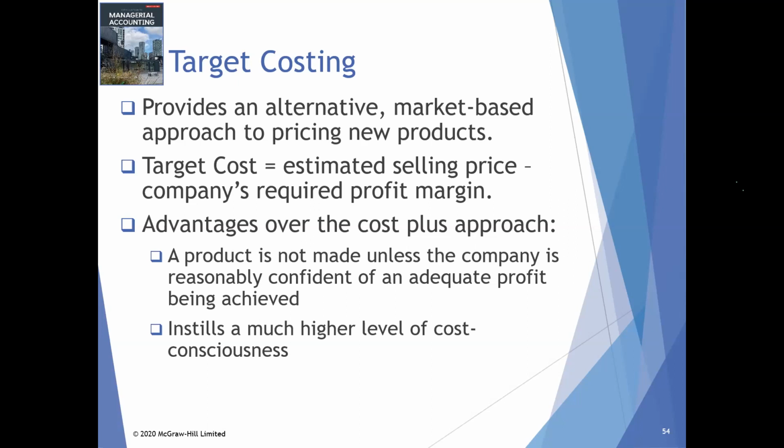So this is the advantage of target costing over the cost-plus approach. This instills a much higher level of cost consciousness. So in target costing, the manager is more concerned about the cost first.